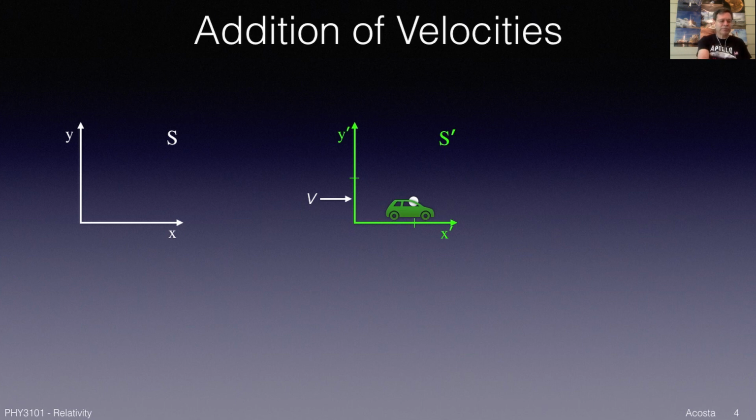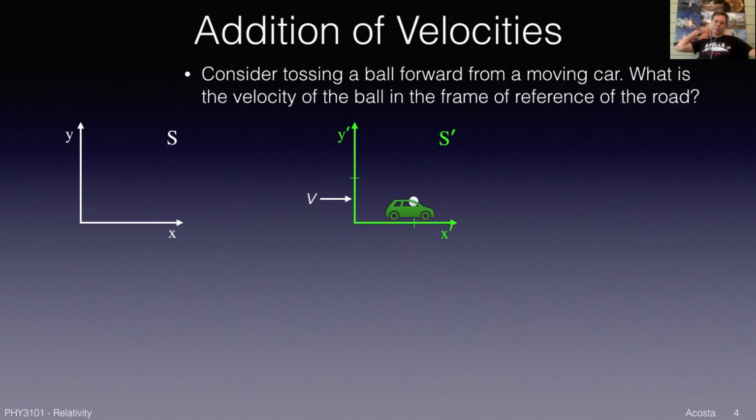So suppose I have two frames, my frame S prime, which has prime coordinates, and again that S prime frame is going to be the frame, say, with a car. Now let's suppose you're in that frame S prime, the one attached to the car, or perhaps more interestingly, a frame attached to a rocket, and you consider tossing a ball forward from the moving car.